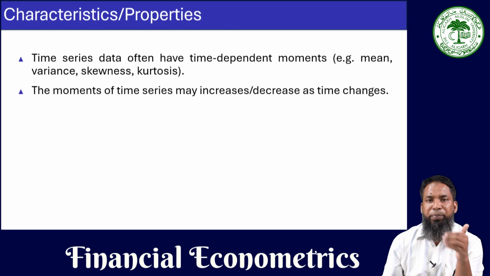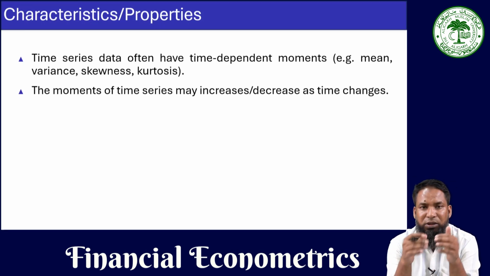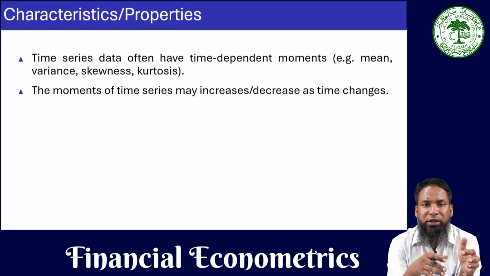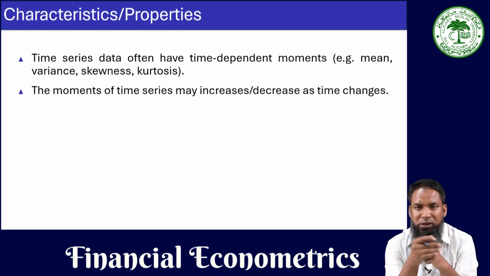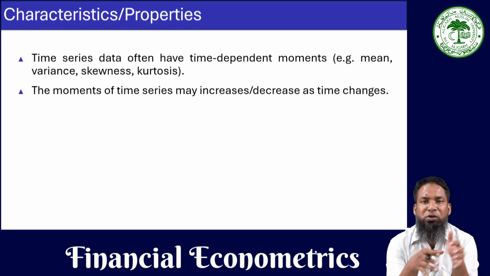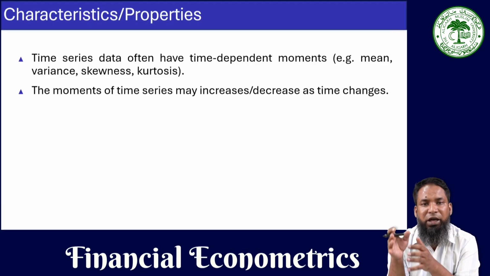So when we say time dependent, that means as time passes, the moments of the particular time series may increase or decrease along the time path. As the time varies, these moments also vary. Therefore, we call these moments time dependent.